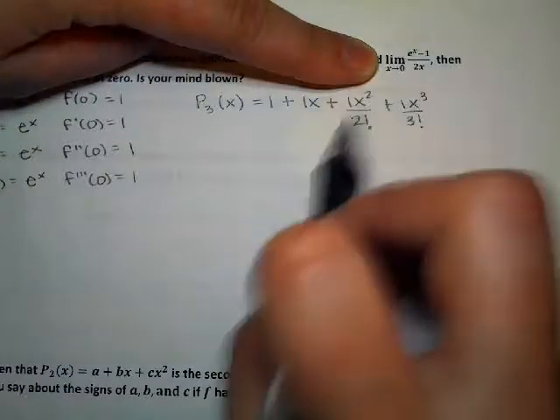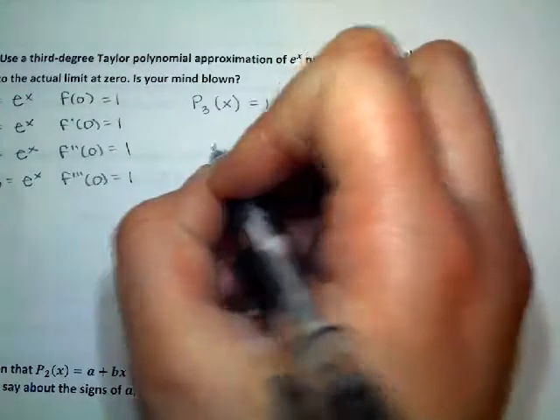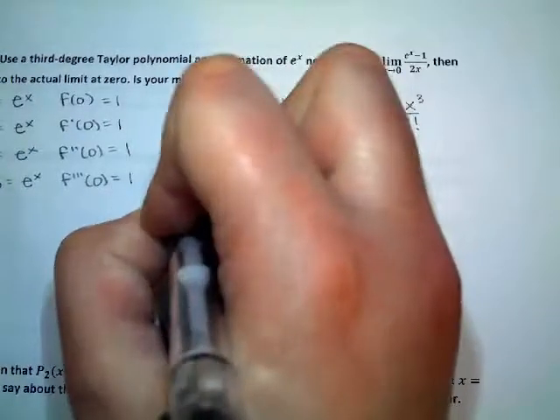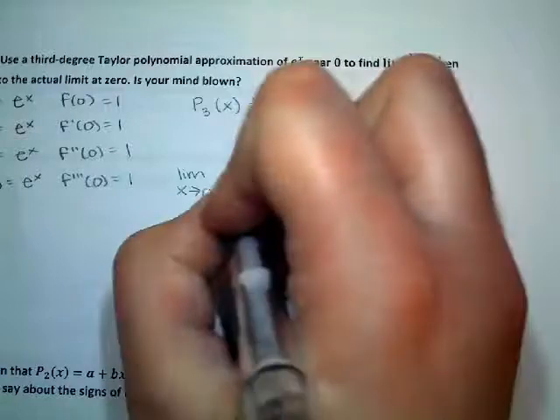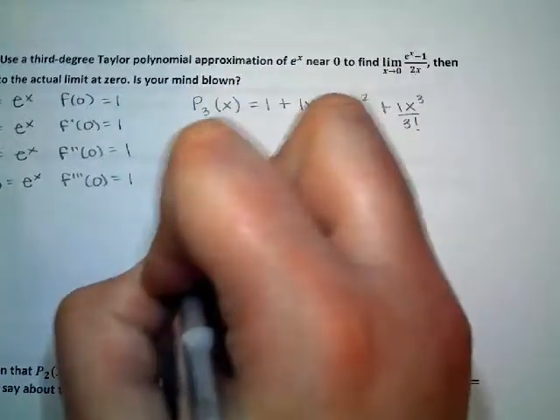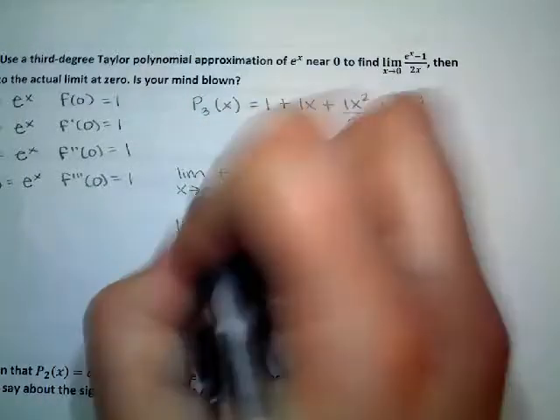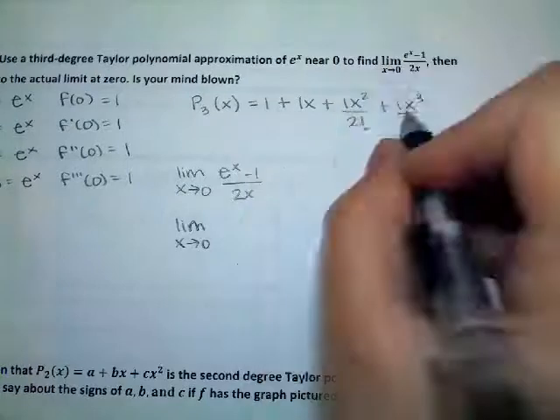So I'm going to take the e to the x, I'm going to replace it. I'm going to say the limit as x approaches 0 of e to the x minus 1 over 2x, and I'm going to rewrite it as the limit as x approaches 0, and I'm going to use this approximation instead.